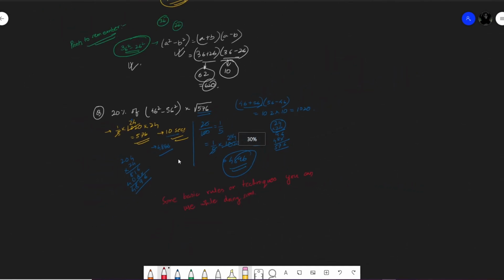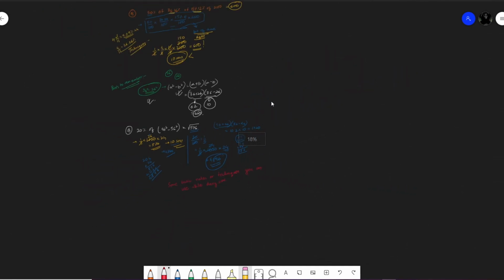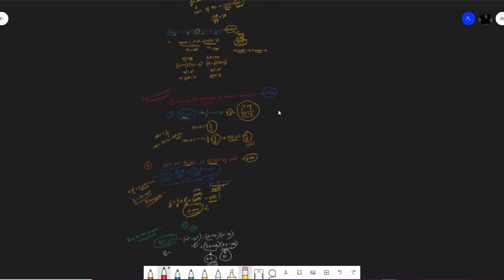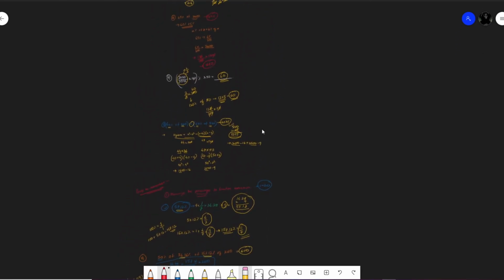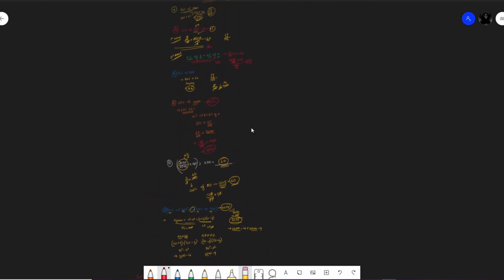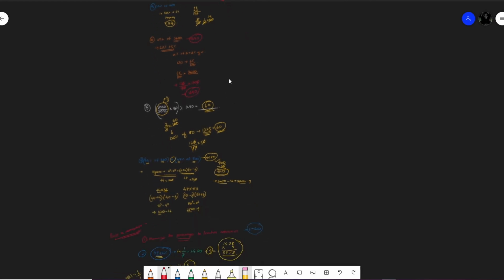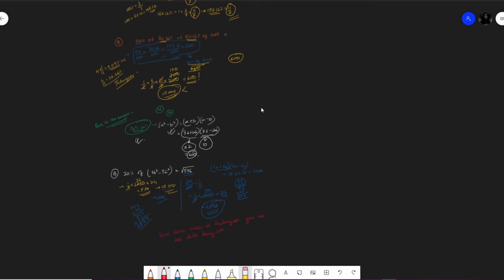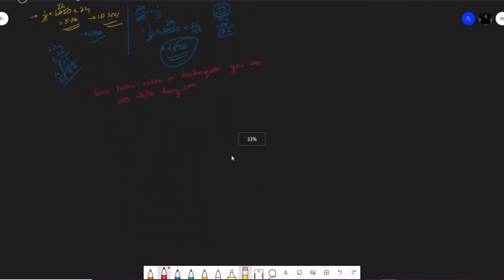These are the basic techniques, or you can say rules, while doing this simplification and approximation. I guess you have learned the basics and you know how to tackle this kind of sums, right? You know the basics, and in the next video we will do some advanced level simplification and approximation, which will make your understanding a lot easier, right?